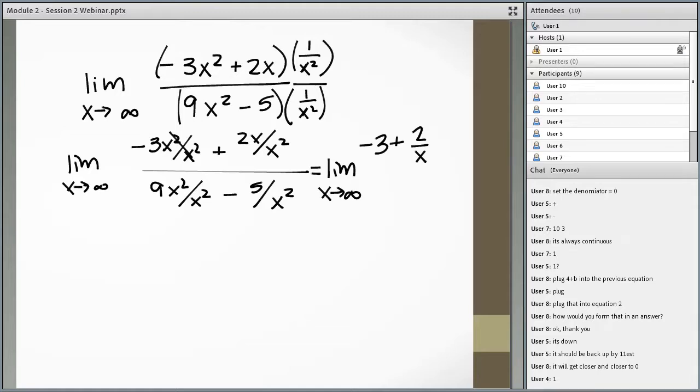One of the x's, the 2x one, that x cancels, and then there's still one x in the denominator. And then in the denominator, I have 9 because these x squareds cancel. And then 5 over x squared I can't do anything about, so minus 5 over x squared.